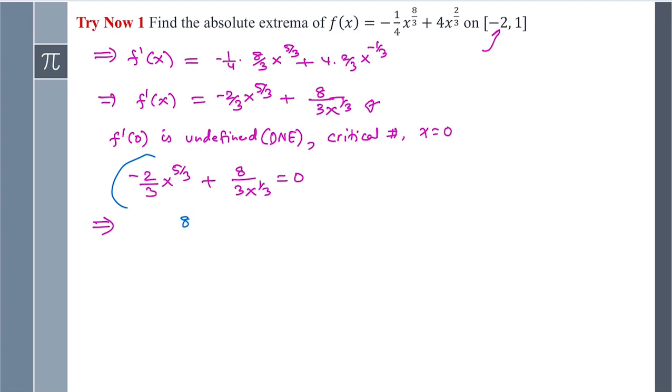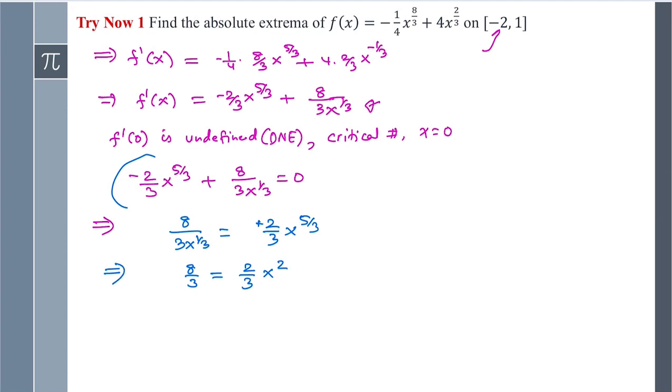So we get 8 over 3 x to the 1/3 equals 2/3 x to the 5/3 with the sign moved over. Let's multiply by x to the 1/3 on both sides. So we get 8 over 3 equals 2/3 x to the, and when you multiply by x to the 1/3, that becomes x squared here.